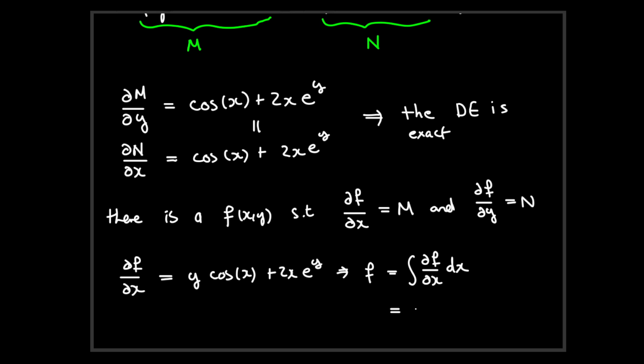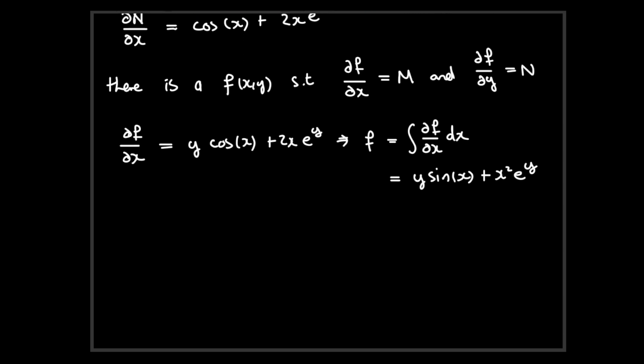And so the result is that we're just going to get y sin x plus x squared e to the y. Okay, so that's using this part. Sorry, I've made a mistake here. I should also add, of course, the arbitrary constant, which is an arbitrary function of y, g of y.